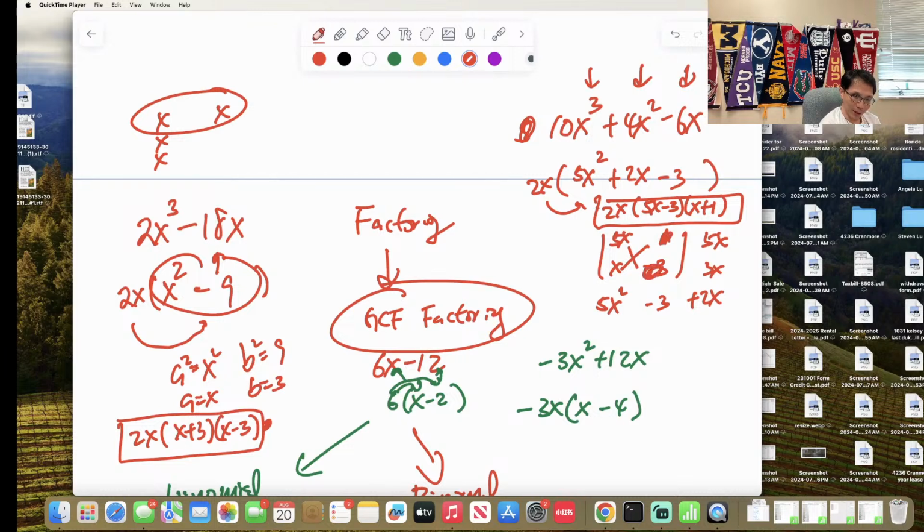Wait, hold on a second. No, I was right. This is a 5x, this is a negative 3. It's 2x. We don't multiply across, we pair diagonally. We pair this way, we pair this way. No, I did it right.